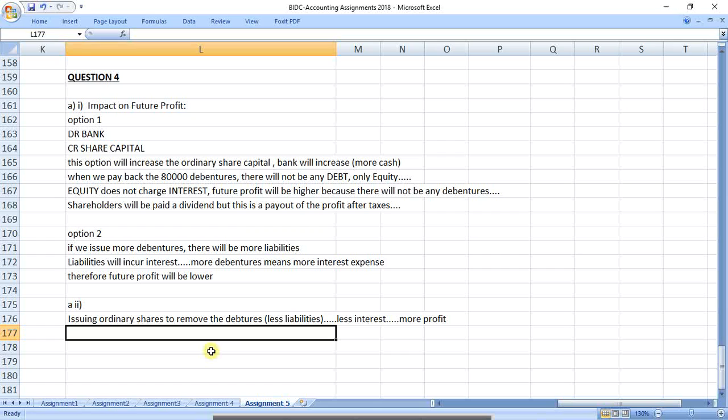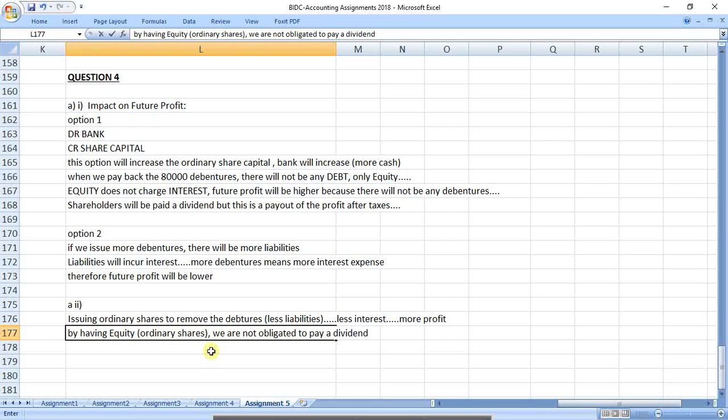So you can say, by having equity, bracket, ordinary shares, comma, we are not obligated to pay a dividend.